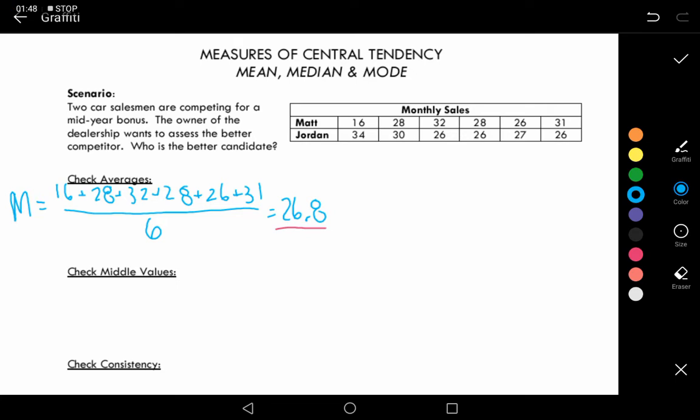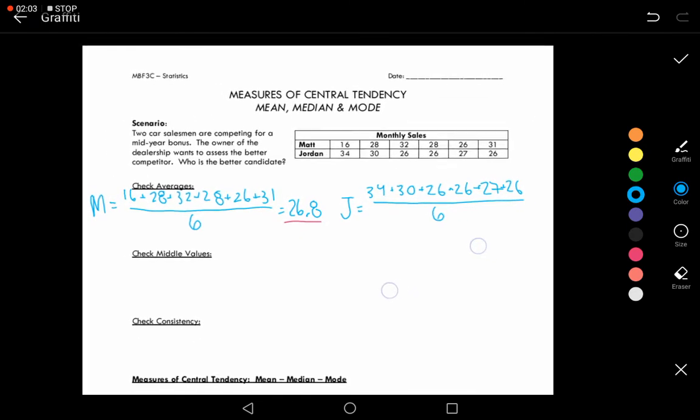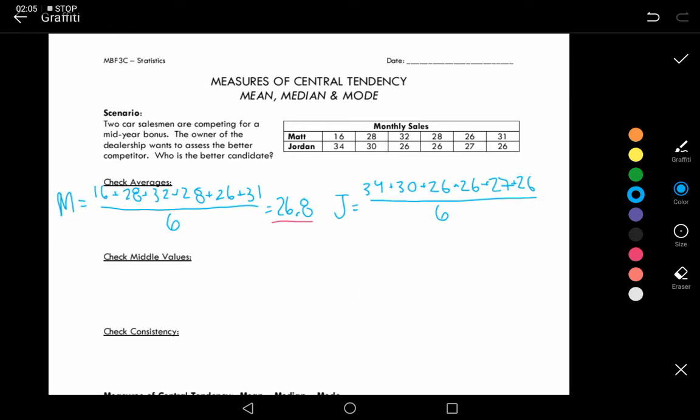Jordan, on the other hand, we're going to do the same thing. We're going to add up all of his totals. There's also 6 totals there, and we're going to divide by 6. I didn't leave myself a lot of room, so I'll do it underneath.